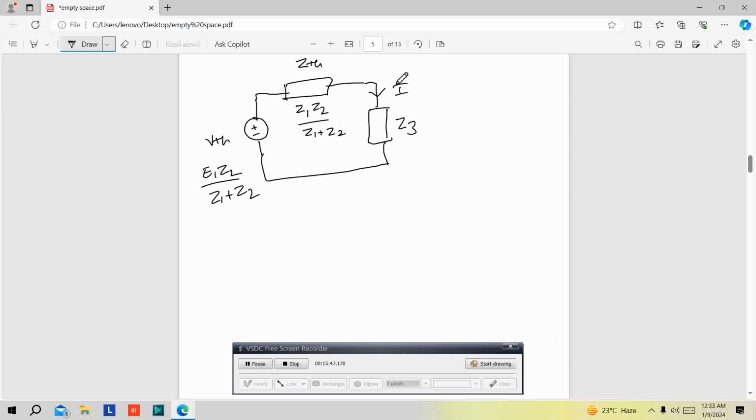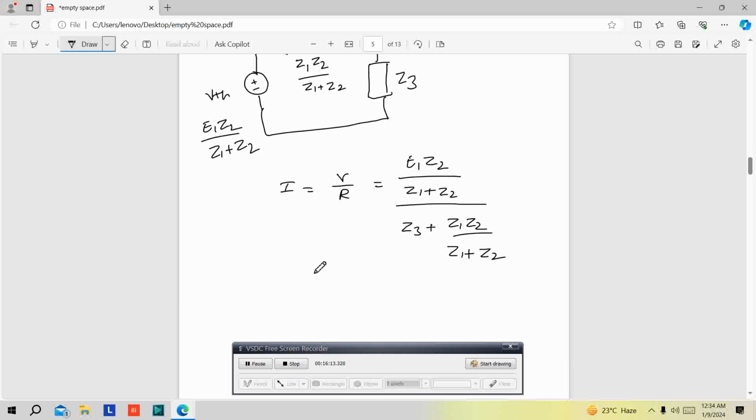What is that current? I is equal to V by R. V is VTH, which is E1 into Z2 divided by Z1 plus Z2. R is this total: Z3 plus Z1 Z2 divided by Z1 plus Z2. Then simplify this.